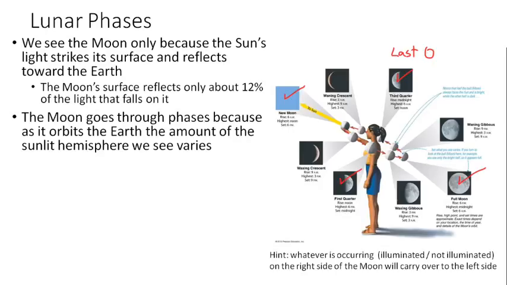But how much we see of the sunlit portion gives us the phase of the moon. So for this figure anyway, the sun is over here, not drawn to scale. So here's the sun. I kind of like this figure. Here we have the sunlit portion of the moon that we don't see.